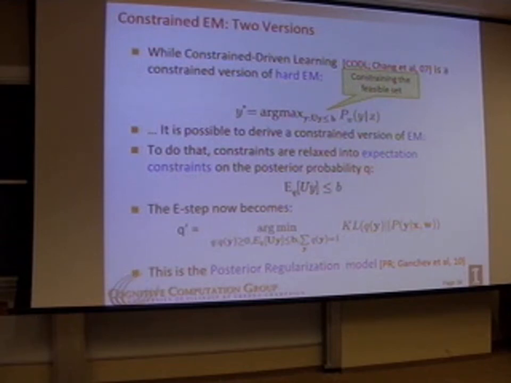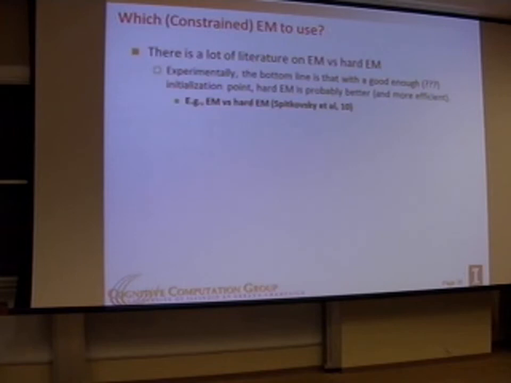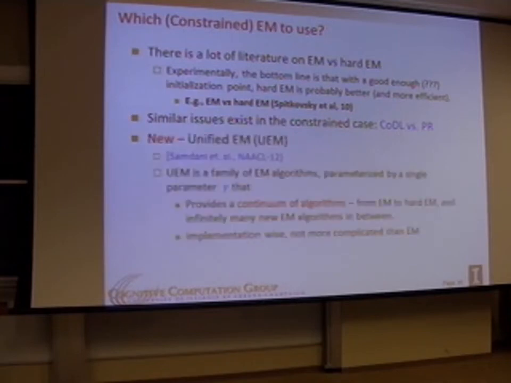So we have EM and hard EM, and we have constrained hard EM and constrained EM. And the question is which version to use, right? So there's a lot of literature on EM versus hard EM. And maybe the common view is that if you have a good way to initialize the model, hard EM is doing better than EM. But different problems behave somewhat differently. And as I said, it exists for hard EM and EM, and it exists also for CODEL versus PR.